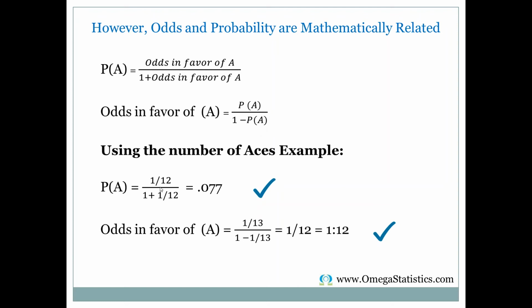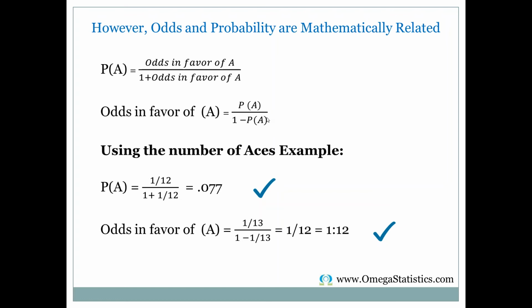If we do this, we can look at the number of aces that we had. Here was our probability: we took our odds in favor of A, which was 1 over 12, and then we took 1 plus 1 over 12, and we get this 0.077, which is what we had before. Then we have odds in favor of A. Now we're going to take our probabilities.